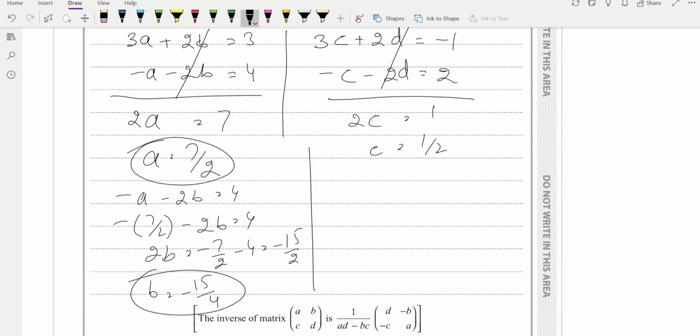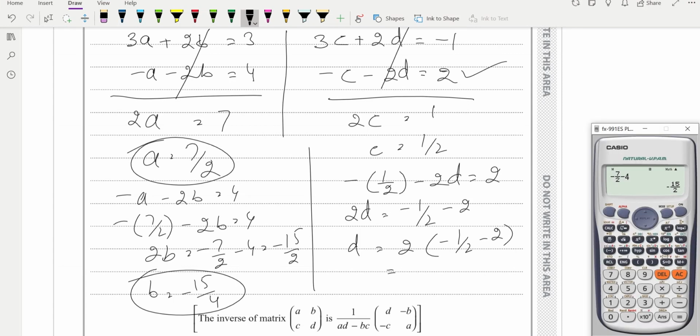Similarly we can find the d value on this side also. So minus c is 1 by 2 and minus 2d is equal to 2. We are replacing in this equation, and 2d will be equal to minus 1 by 2 minus 2, and now we can shift this 2 also to the other side.